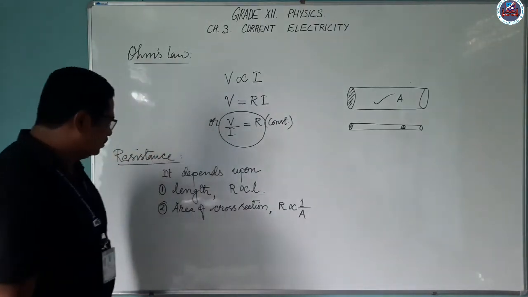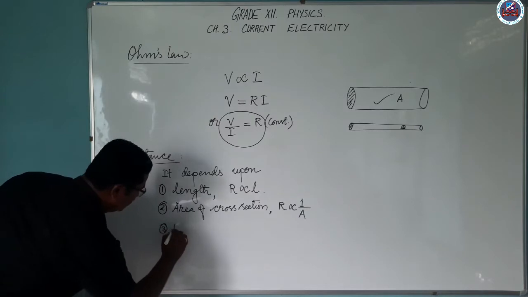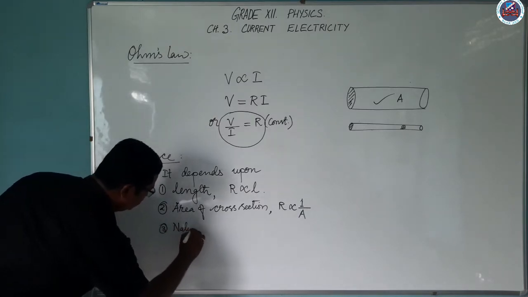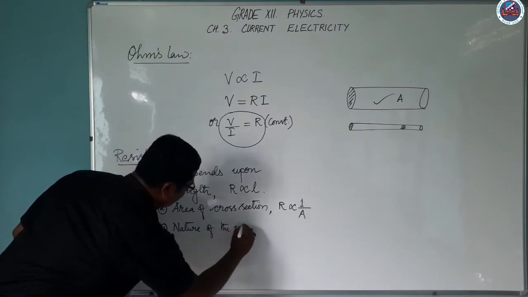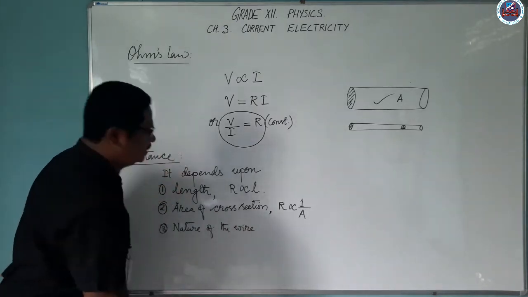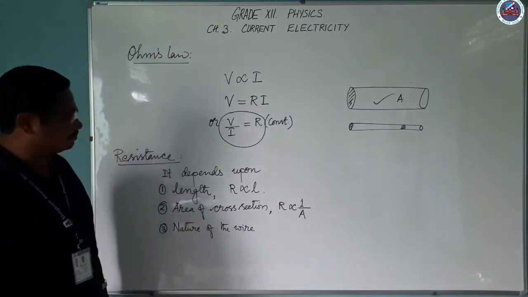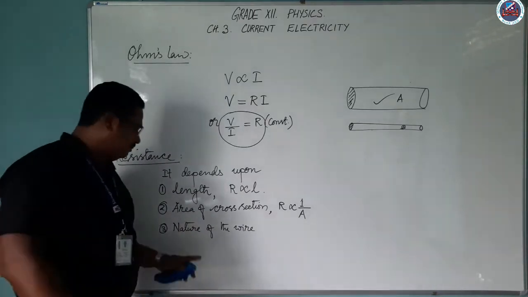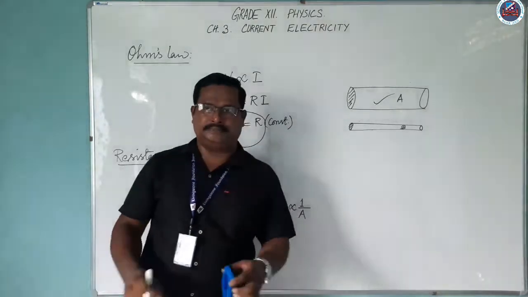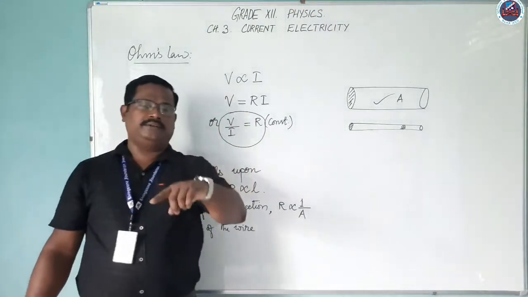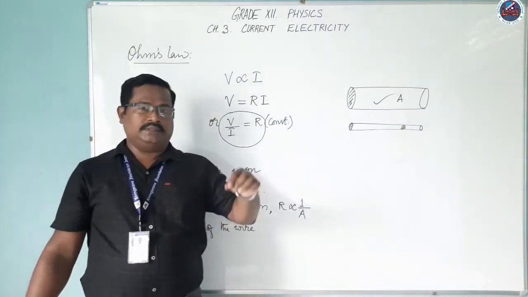Then the third factor on which resistance depends is the nature of the wire, or nature of the conductor, or you can say nature of the material. Whatever you say, the meaning is the same. As I gave the example earlier, if you compare silver and nichrome, nichrome offers more resistance.